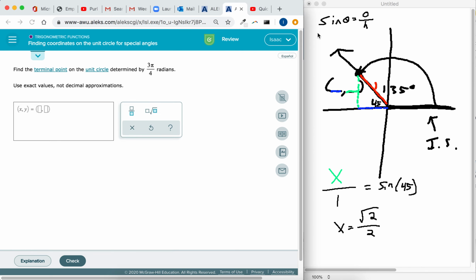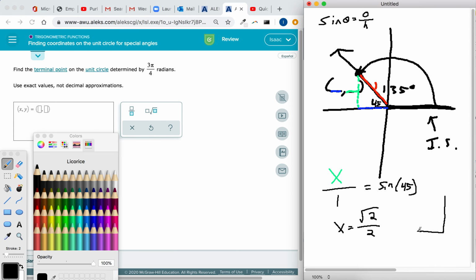The way I got that was kind of through memorization. It's unfortunate, but there are just some triangles, some measurements we just have to know. You can look this up online. You could look for the unit circle values for sine, cosine, and tangent, and they'll have them both in degrees and radians.